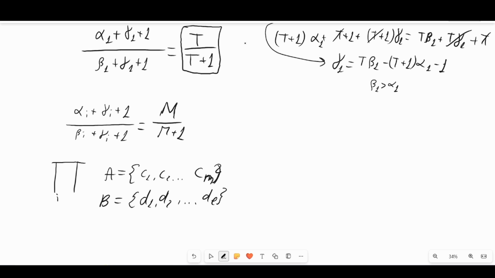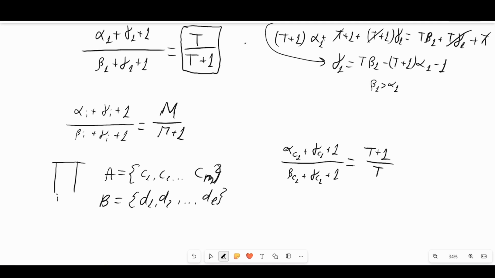And so for the A elements we can take alpha C1 plus gamma C1 plus 1 over beta C1 plus gamma C1 plus 1, if this number equals t plus 1 over t.